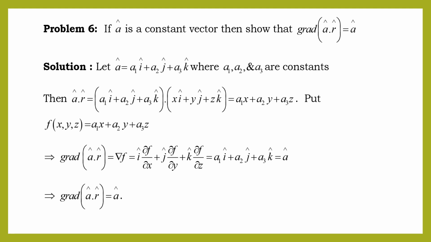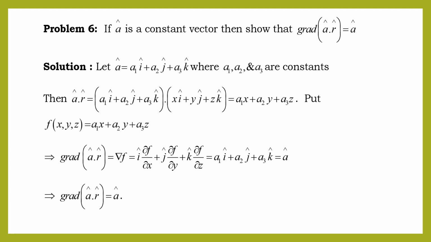So, what is the dou by dou x of a1x plus a2y plus a3z? That's nothing but just a1. Similarly, dou by dou y of a cap dot r cap equals dou by dou y of a1x plus a2y plus a3z equals a2. Now, dou by dou z of a1x plus a2y plus a3z is a3.